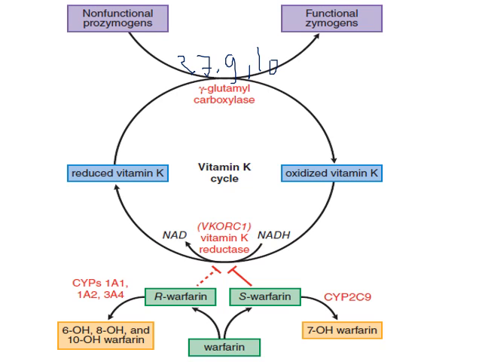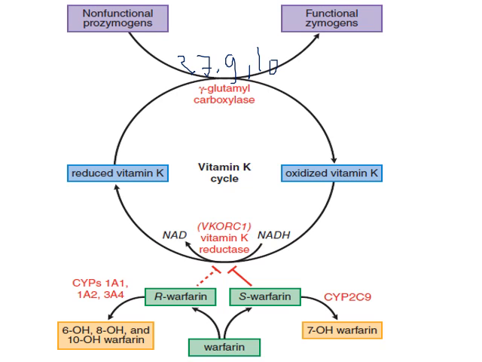And the enzyme that is required for the activation of these clotting factors is gamma glutamyl carboxylase. This enzyme requires the reduced form of vitamin K as a cofactor for its optimum activity. Now, from where is the reduced form of vitamin K derived?